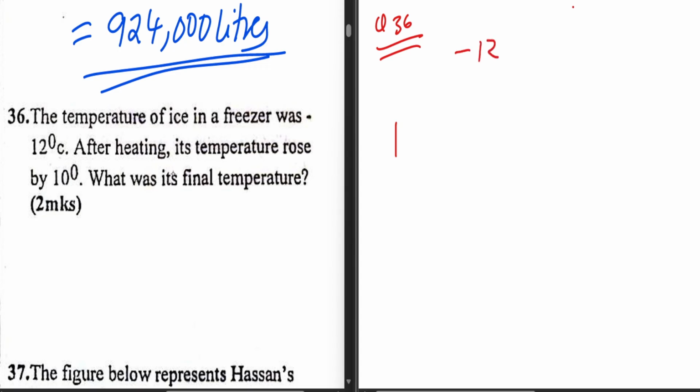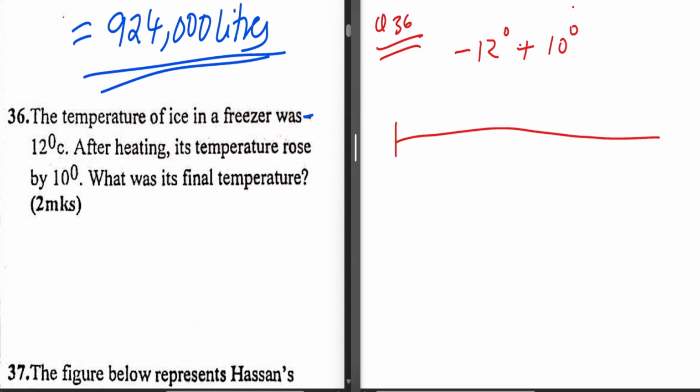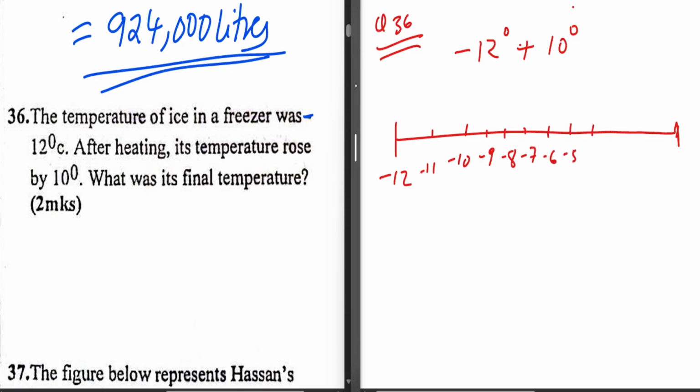So you're just saying negative 12. So it's supposed to be negative 12 degrees Celsius plus 10 degrees. Okay, so you can use a number line again, or you can not use a number line. Let me just use it: negative 12 is here, negative 11, negative 10, negative 9, negative 8, negative 7, negative 6, negative 5, negative 4, negative 3, negative 2, negative 1, 0, 1, 2, 3, 4.